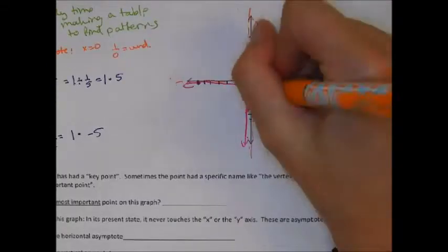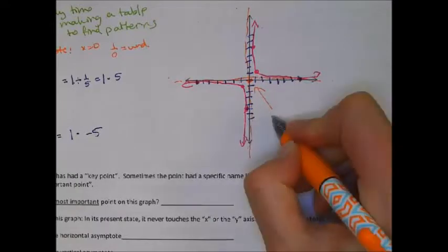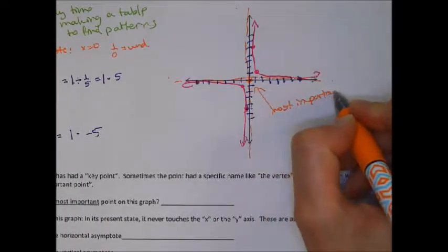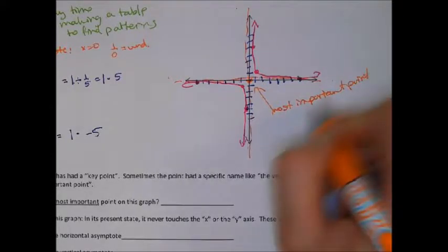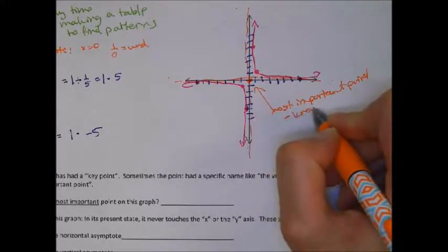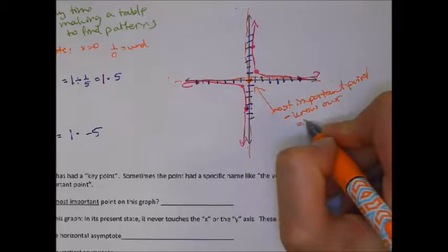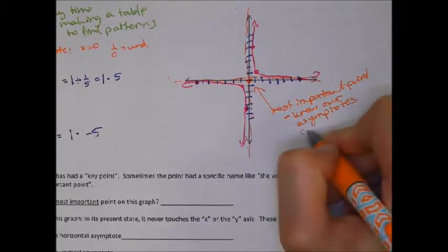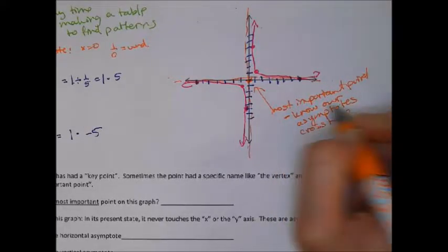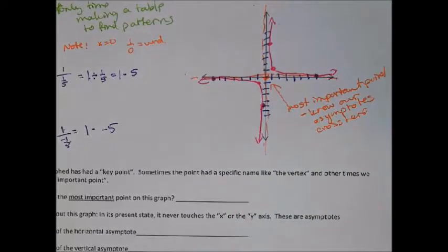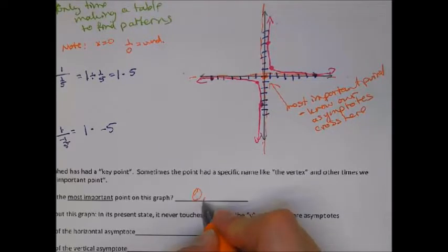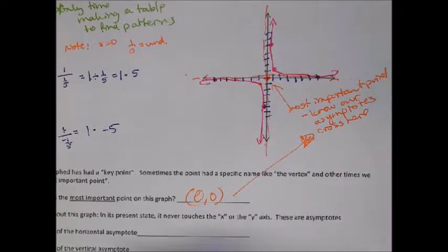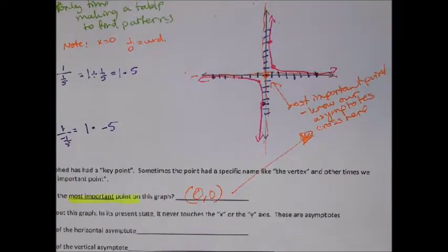So let's make an arrow and say most important point. And this point is 0, 0. If you want to draw an arrow there so you know what the most important point is, you can do that.